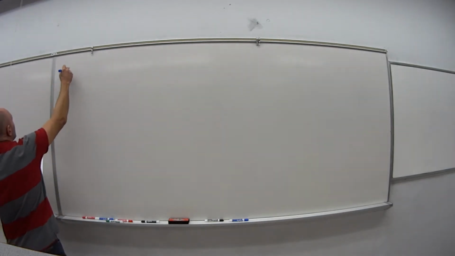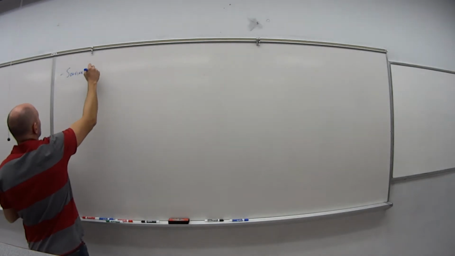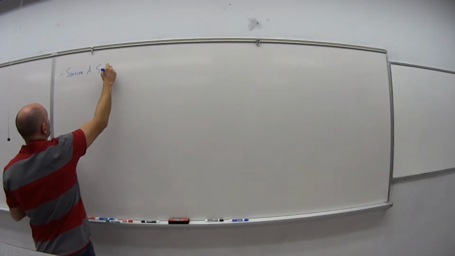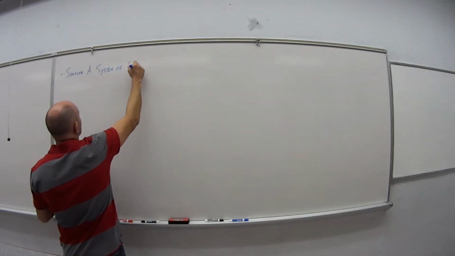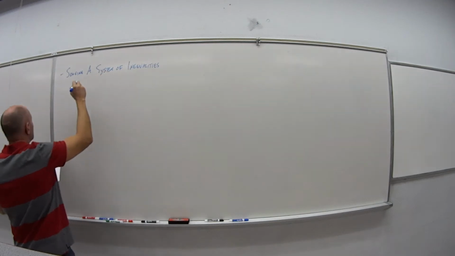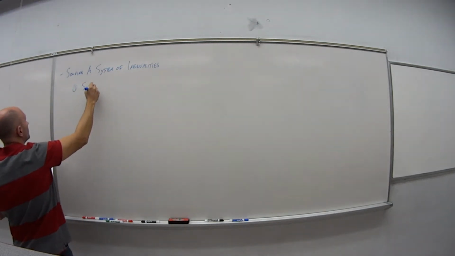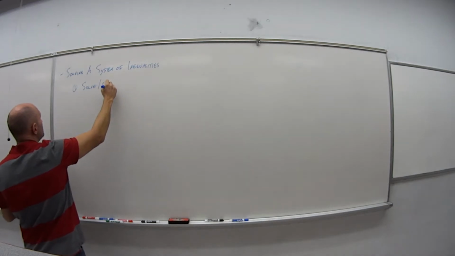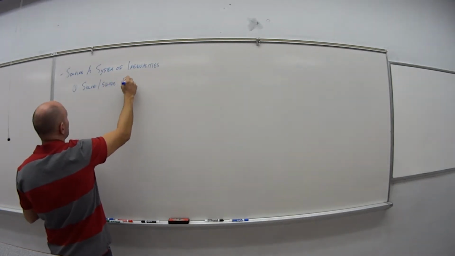And so the steps to do this, so for solving a system of inequalities, first we're going to solve and shade each inequality separately.